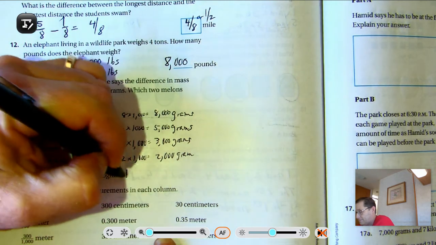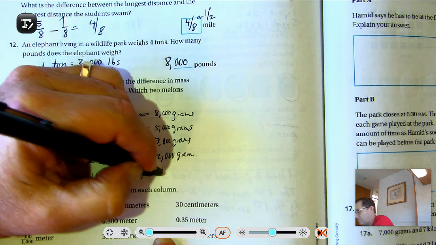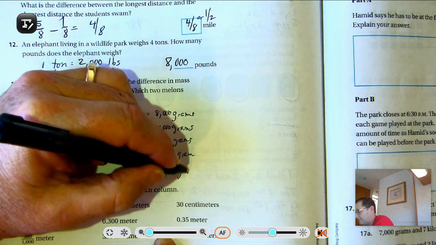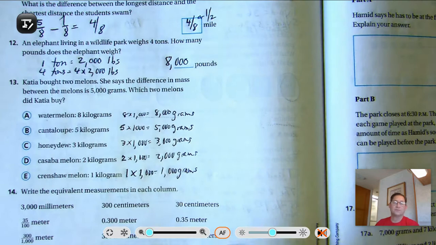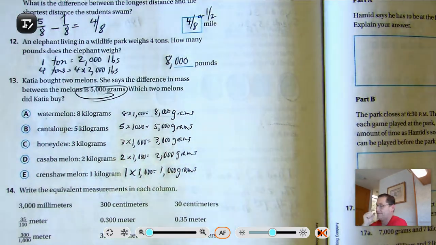And the Crenshaw melon, 1 kilogram would be 1,000 grams. Okay, so now we need to find 2 of them that have a difference of 5,000.